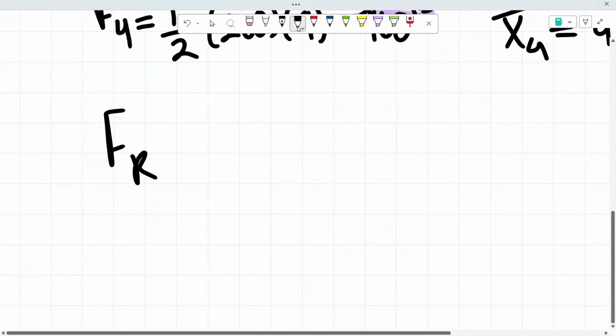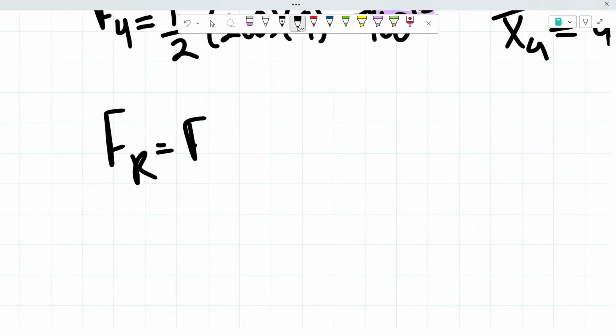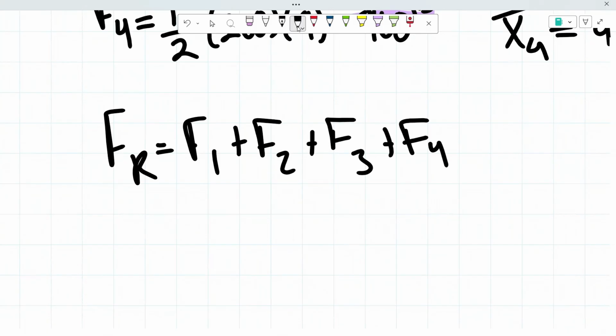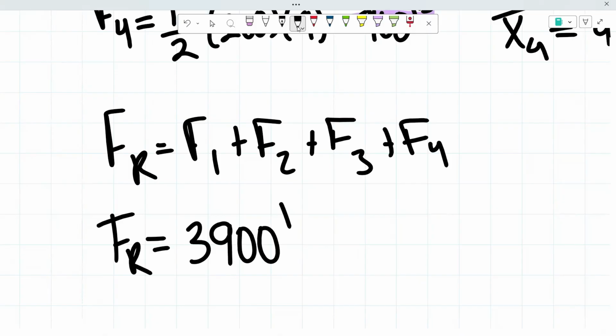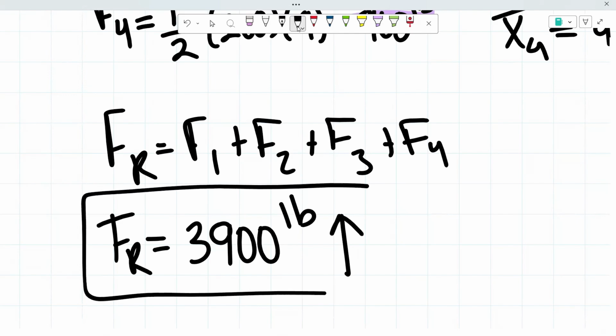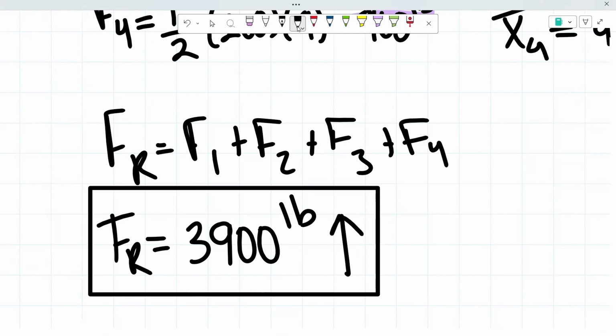So F_R is equal to the summation of our forces, F1 plus F2 plus F3 plus F4. So our resultant force should equal 3,900 pounds. And we know that that force is going to be applied upwards.